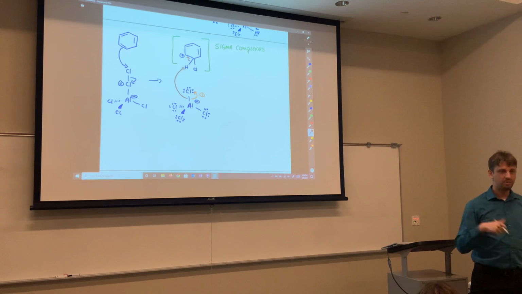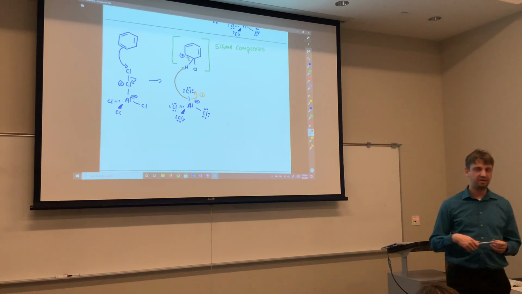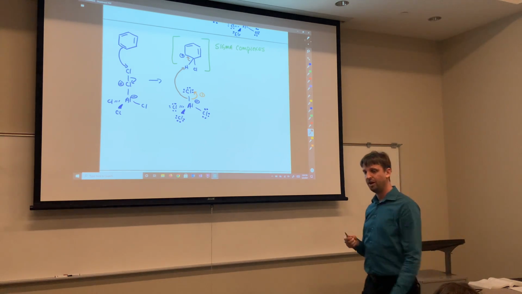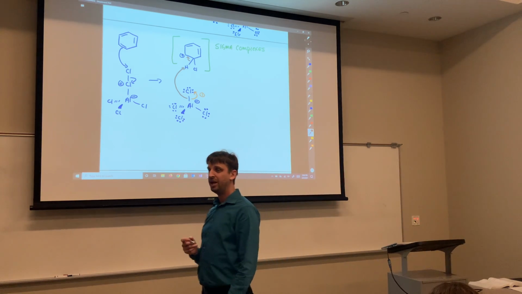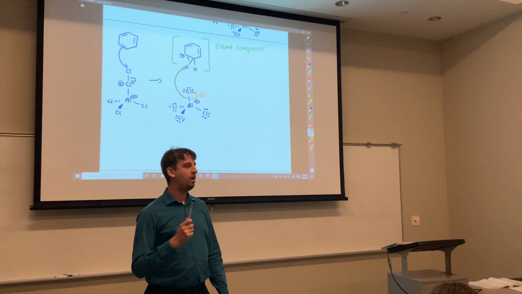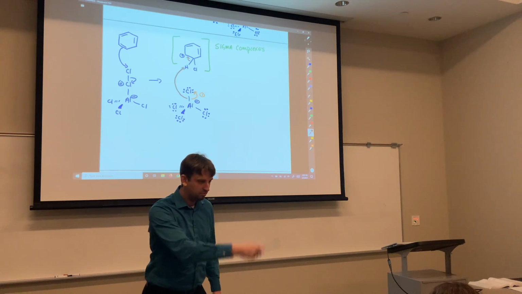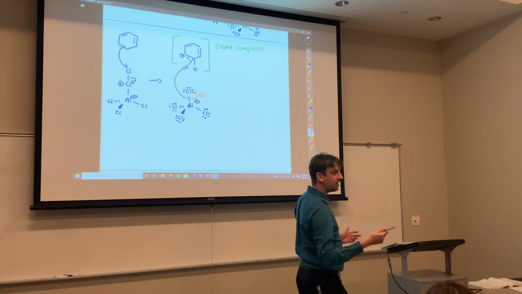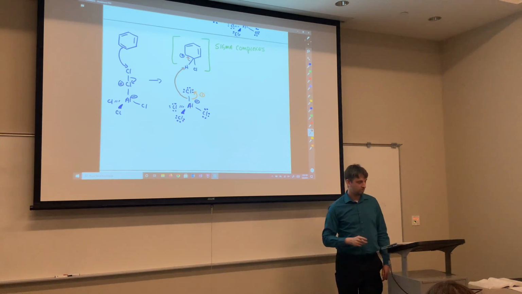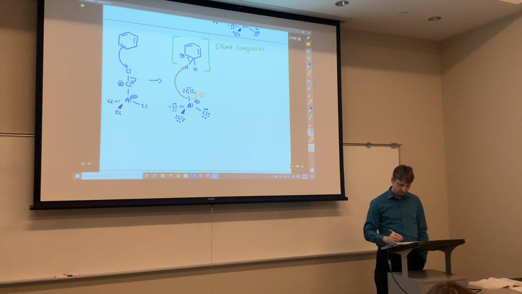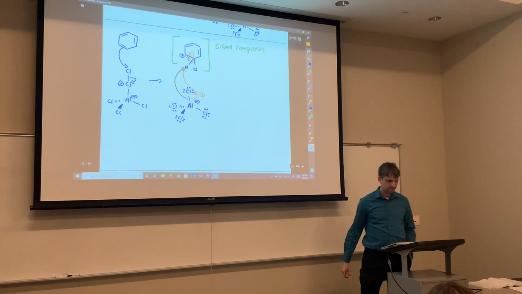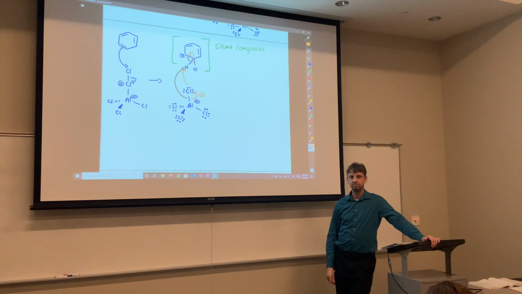No. At the end of the day, we break the aluminum chlorine bond and we make the chlorine hydrogen bond. Whether you want to do the 3 steps or the 2 steps, I always prefer to do the 3 steps just because it's easier for me to visualize what's going on with it, but it doesn't make a difference. Got it? So whether you want to show it like this, or like that. Good?